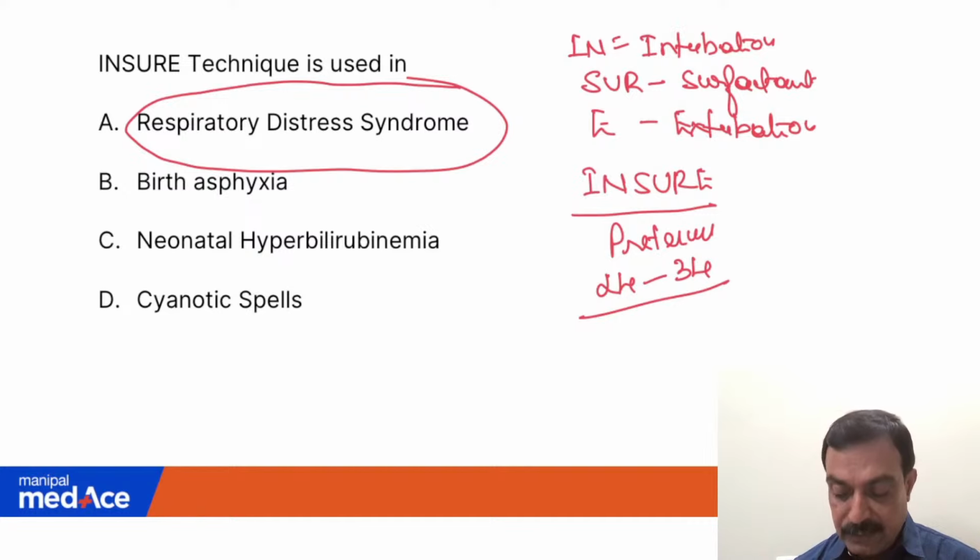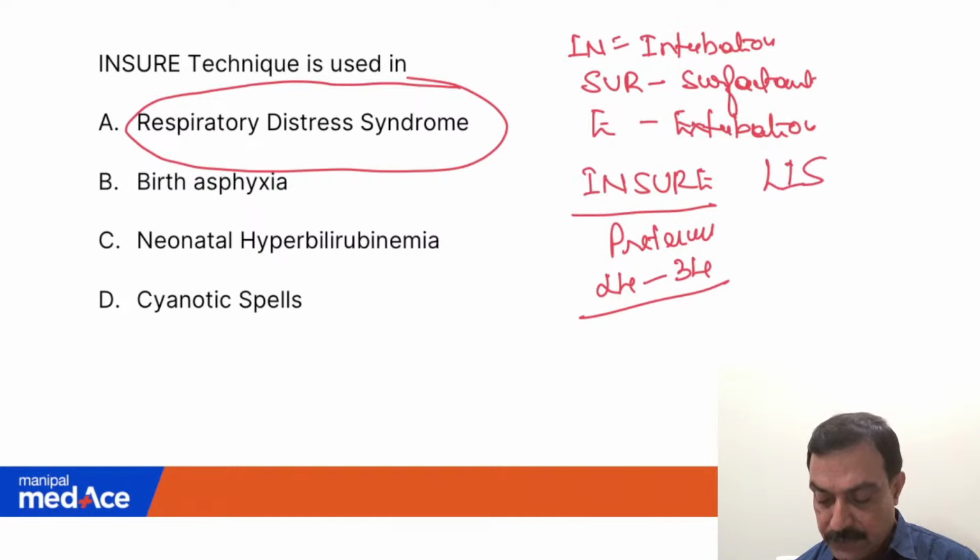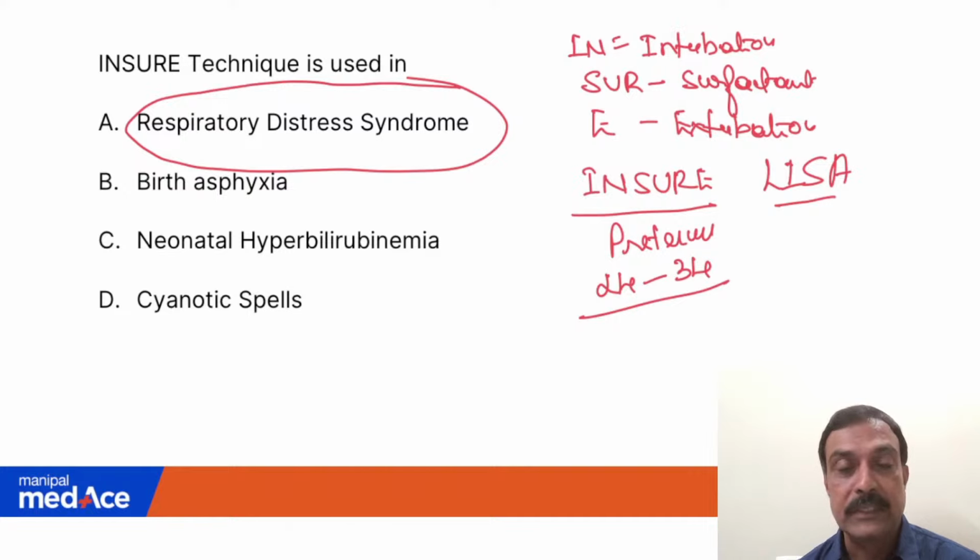The other technique, besides INSURE, is called LISA, which is what we presently use: less invasive surfactant administration. This is also used to administer surfactant into the baby's lungs through the endotracheal tube, or some devices, or even the infant feeding tube which goes into the trachea.